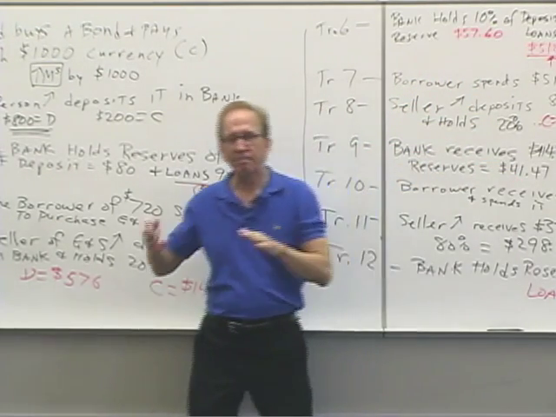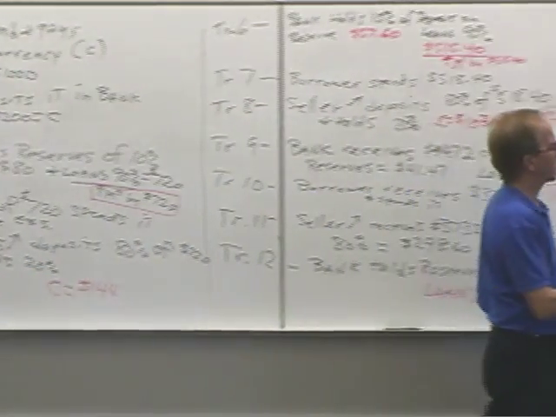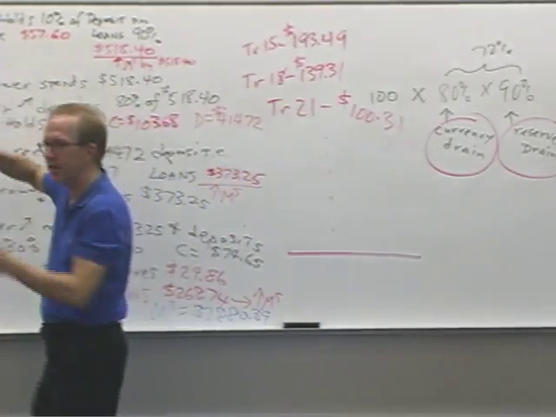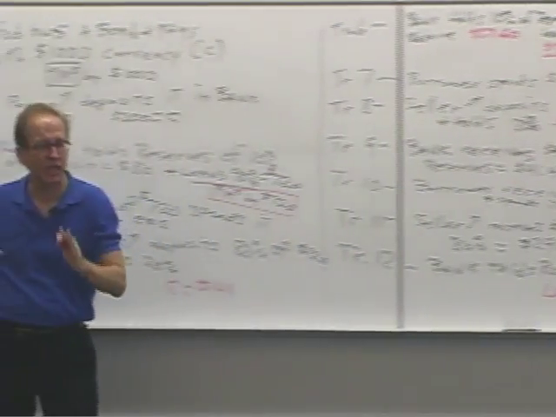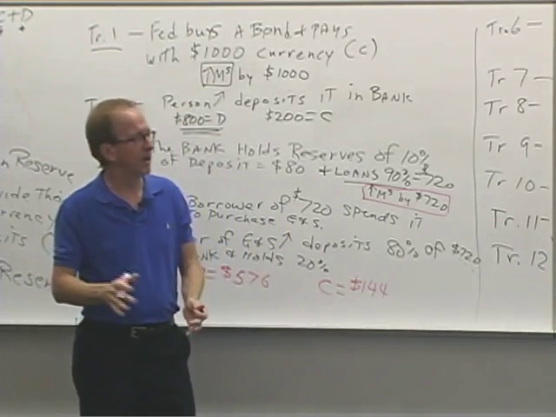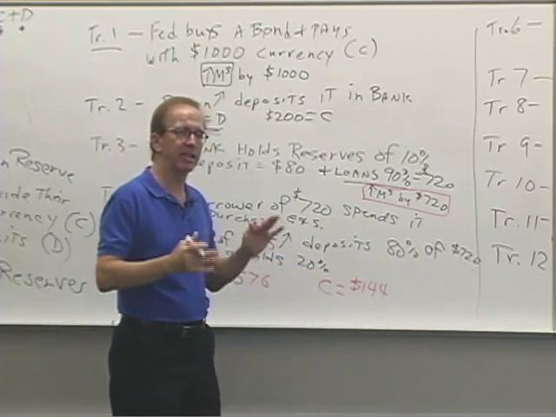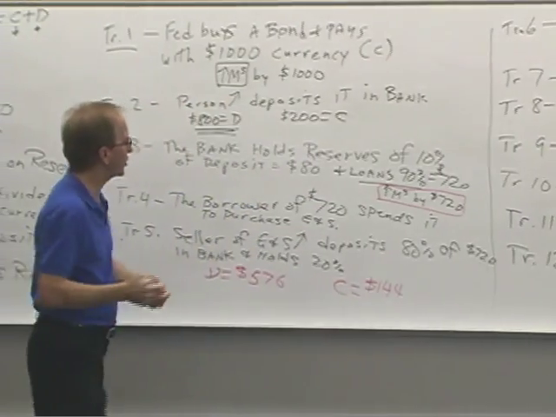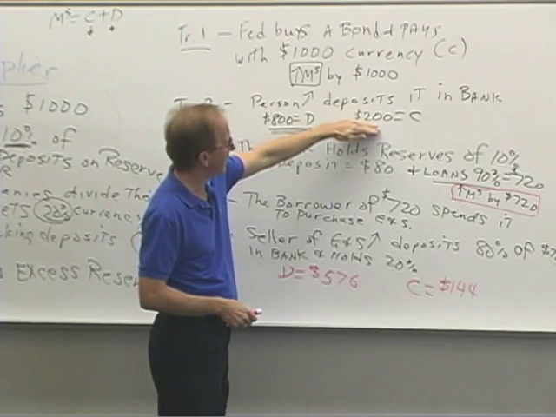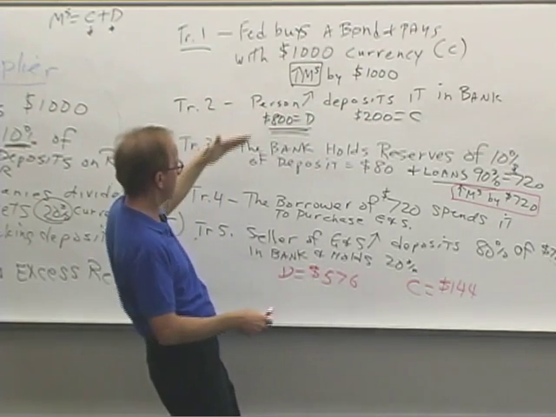Because of these 2 drains that we're talking about, every round, every little piece of this is being scaled down, except for the money supply, because the money supply is growing. But the changes in the money supply, the changes in bank reserves, and the amount of currency that people hold, where was the currency? Here's $200, and 72% of that's $144. Where is it here?